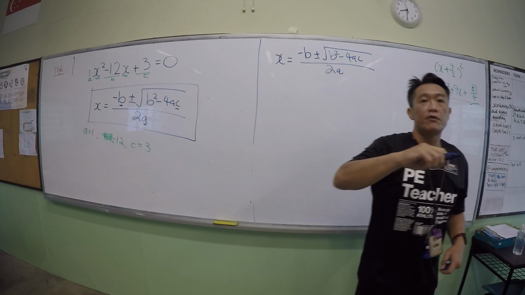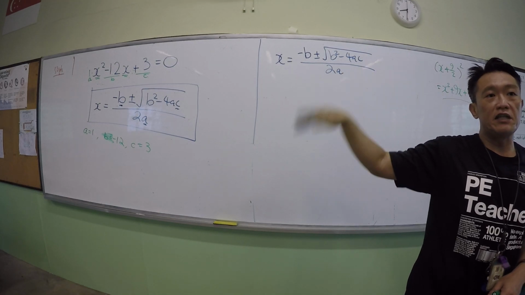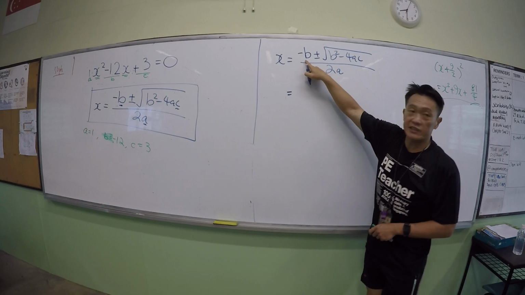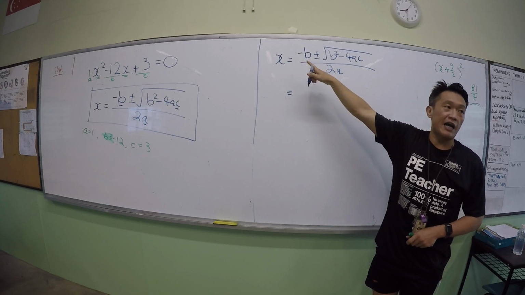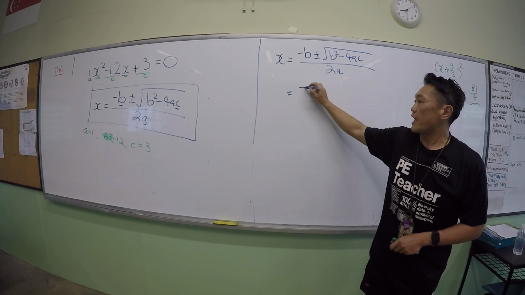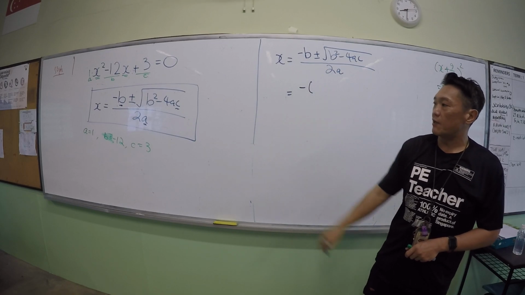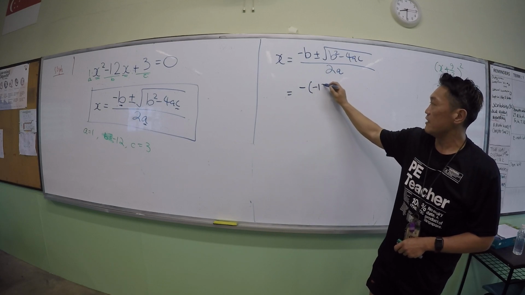By now, you all should know how to do substitution already. So, I want to substitute b, everything else I keep. Negative sign I must also keep. So what is b? I put b in the bracket, b is negative 12.